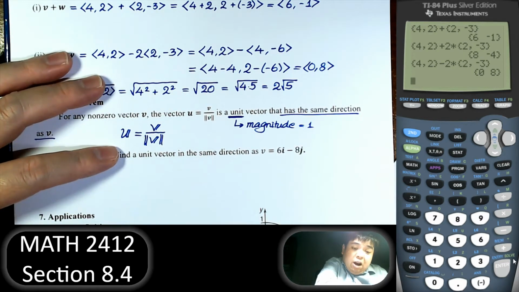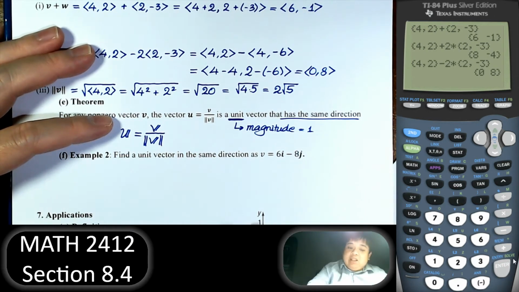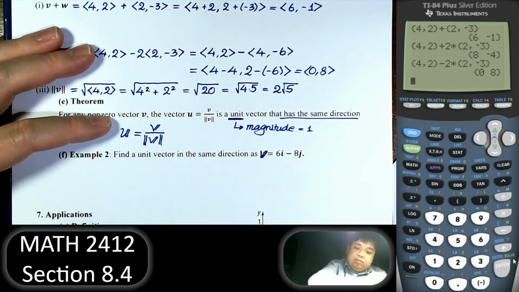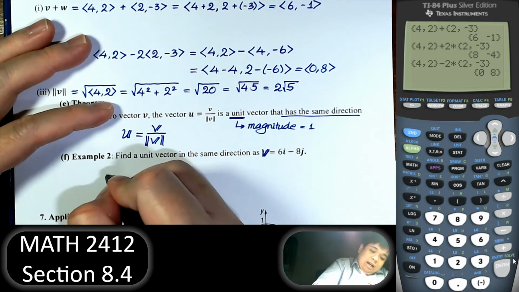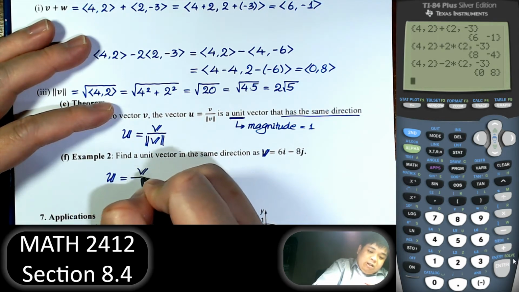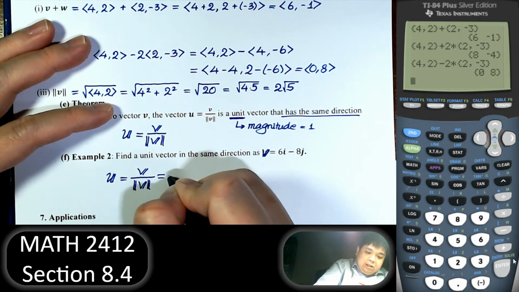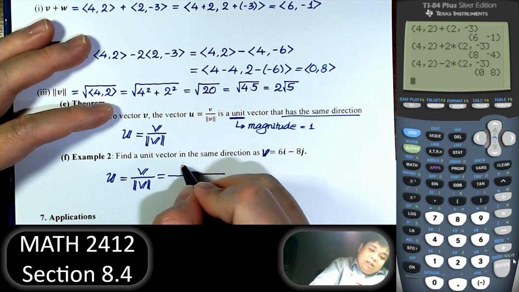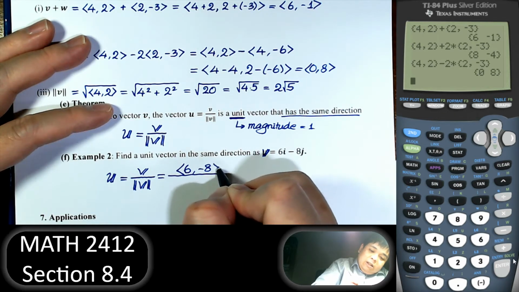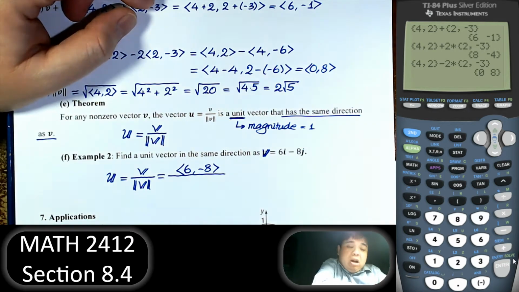Right, next, find the unit vector in the same direction as v. Now this is a typo, right? This should be the vector v. In that case, the unit vector in the direction of v is equal to vector v divided by the magnitude of the vector v. The vector v is 6 and negative 8. You can write that notation or you can write that notation, it doesn't matter.